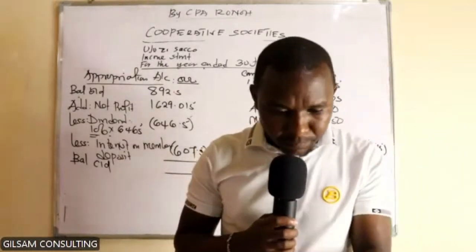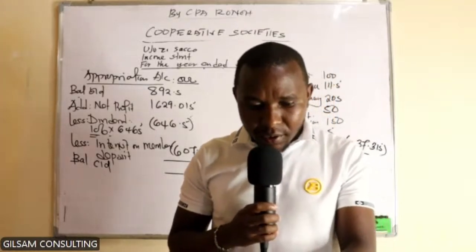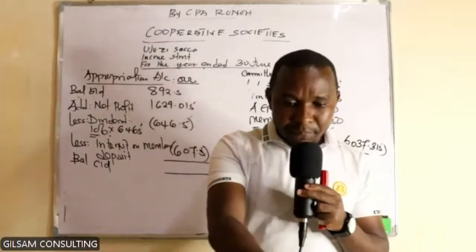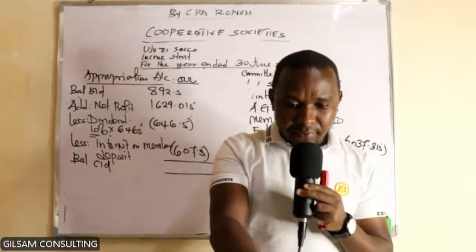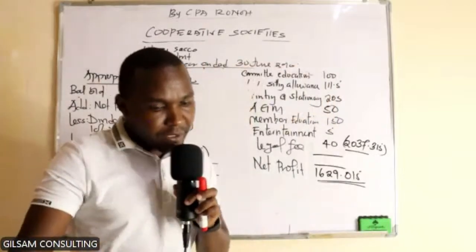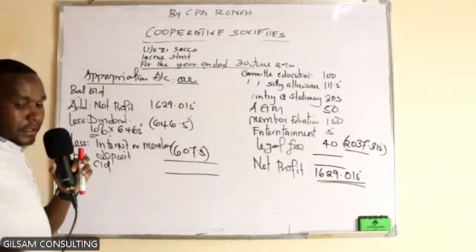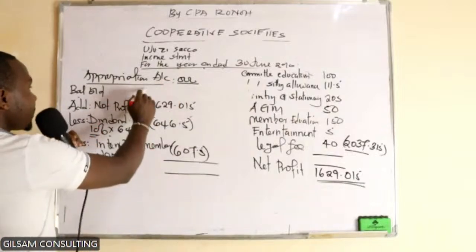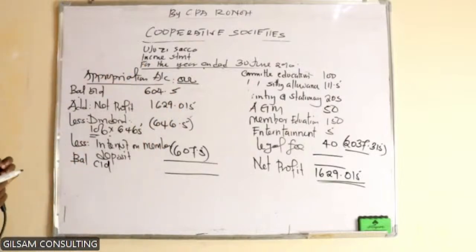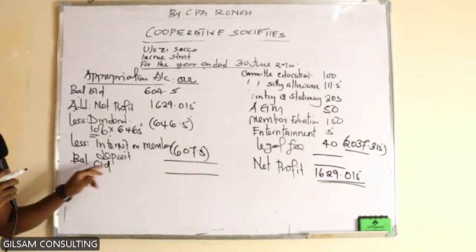I told you, you have to rule your past paper with a pencil so that you pick the right figures. Yes, the correct one there is 604.5. So thank you for that correction. So what could be now our balance carried forward?